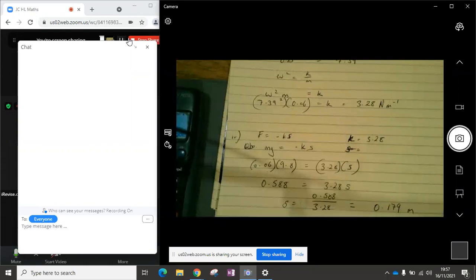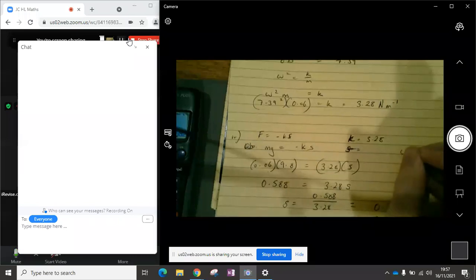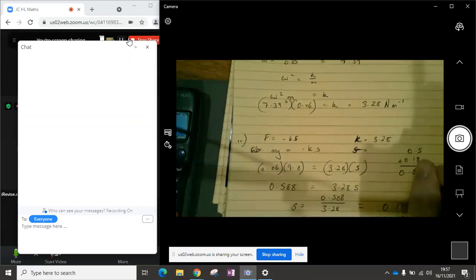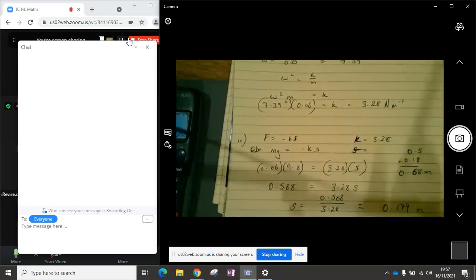So that is S. When the weight is put onto the spring, we add on an extra 0.18. The initial length was 0.5 when it was at rest, so 0.5 plus 0.18 gives you 0.568 meters. Okay, that's that question.